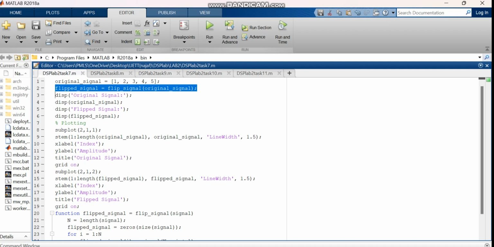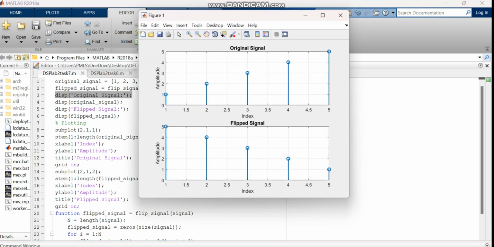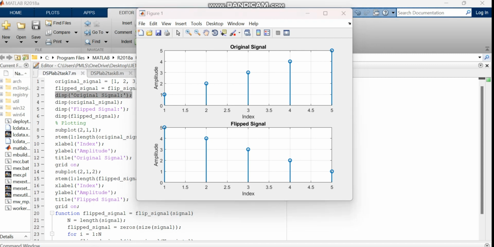Then we used the function display and then we plotted the graph. If we run this, we see that the original signal was from 1, 2, 3, 4, 5 and the magnitude for 1 was 1, for 2 it was 2, for 3 it was 3 and so on.